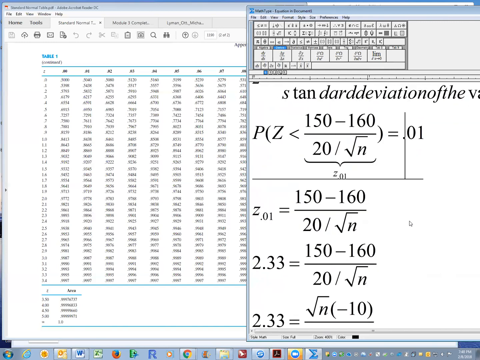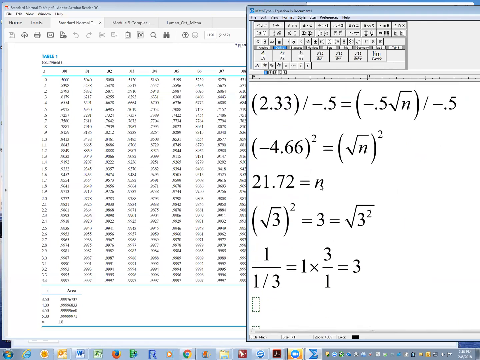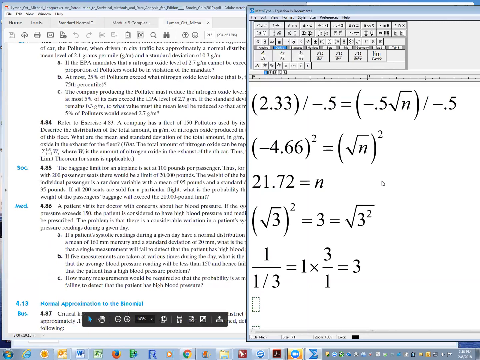Okay. Well, what does that number represent? That's a sample size. That's a number of measurements, right? In this problem, the number of measurements required to get the probability at 0.01 or smaller. You can't take 21.72 measurements. You can take 21 measurements or 22 measurements, but not 21.72.